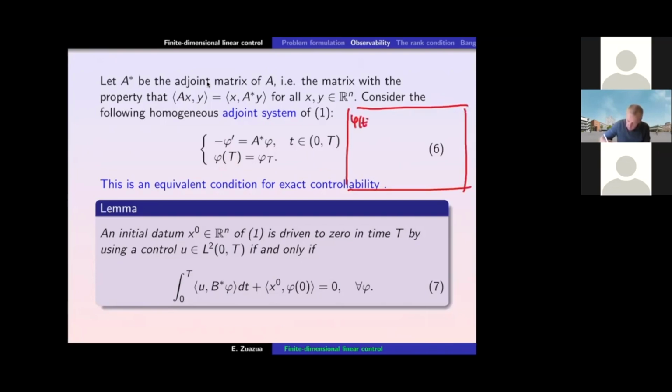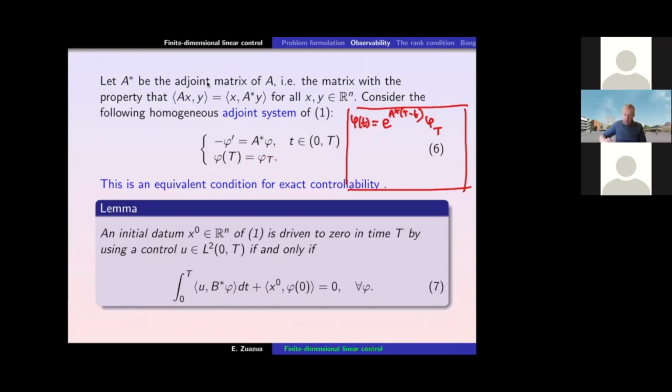Maybe you can help me on this. It will be what? It will be the exponential of A star, I think, (T minus t) multiplied by phi T, right? Is this correct? Let's check. If I take phi at t equal capital T, I evaluate this exponential at small t equal capital T, this goes away, I get the identity, and I get phi T. So the initial datum at t equal capital T, the Cauchy value at t equal capital T, phi T, is taken.